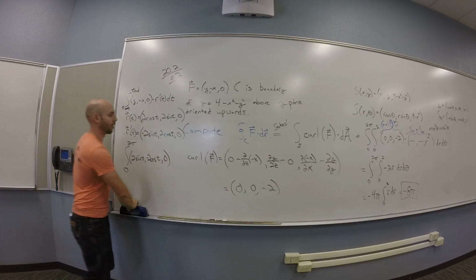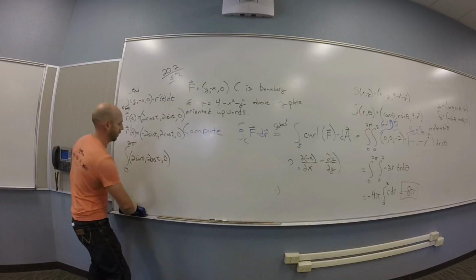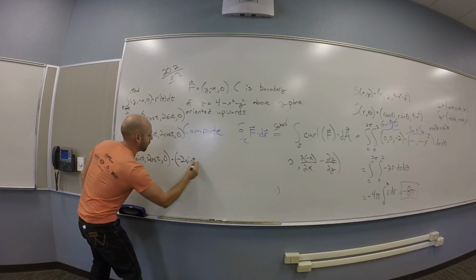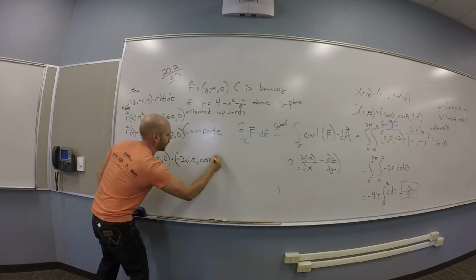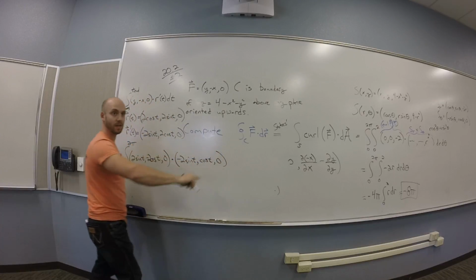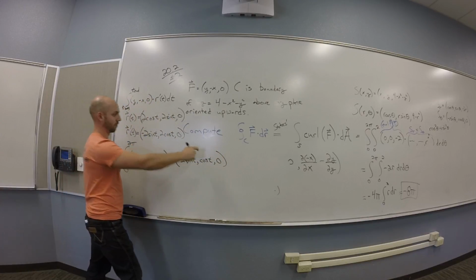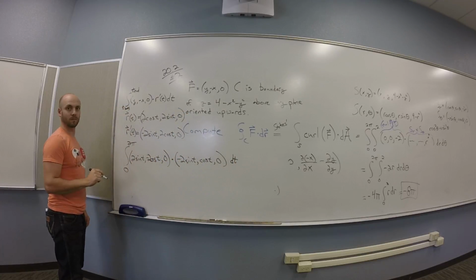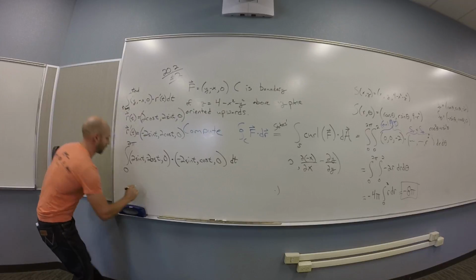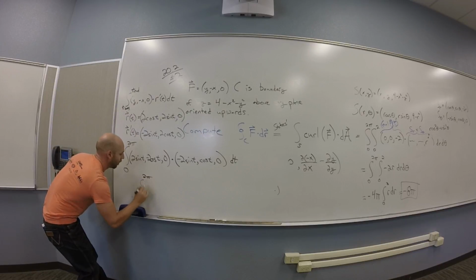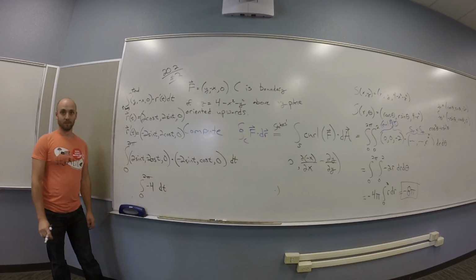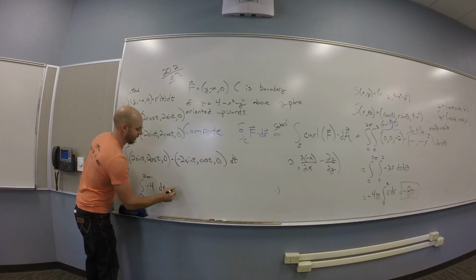And then dot product with negative 2 sine t, 2 cosine t, 0. So we get negative 4 sine squared t minus 4 cosine squared t, with the dt. So you get the integral from 0 to 2 pi of negative 4 dt after a trig identity. Yep. And so you get negative 8 pi.